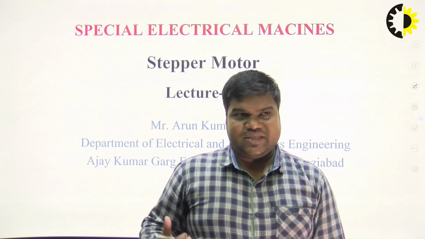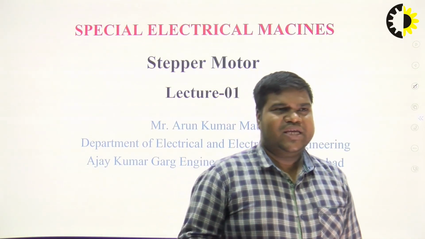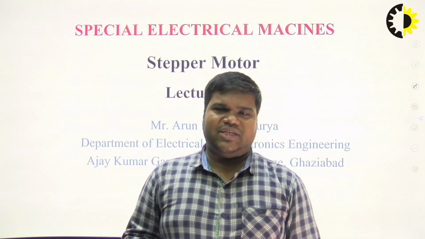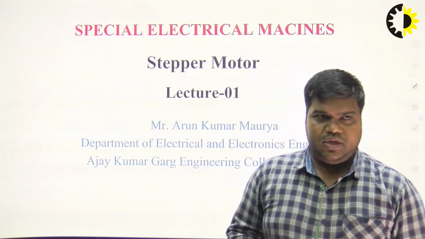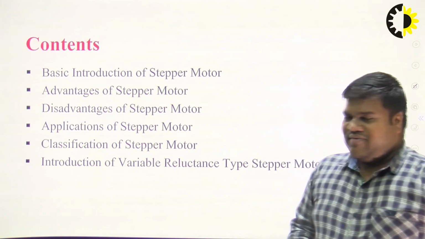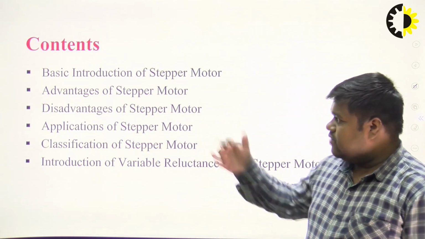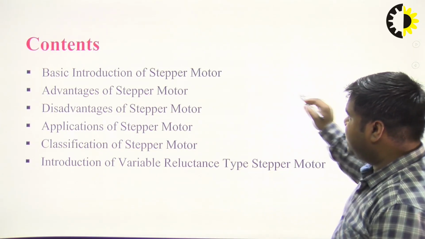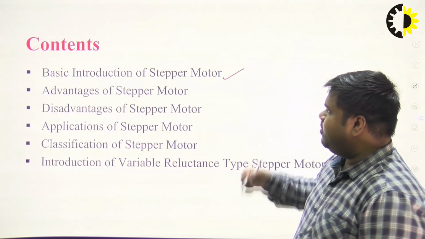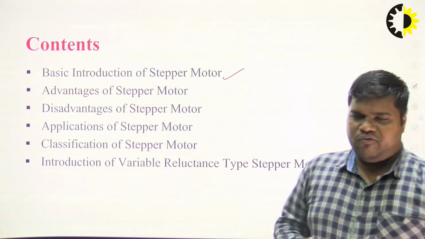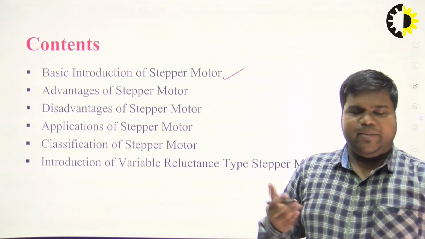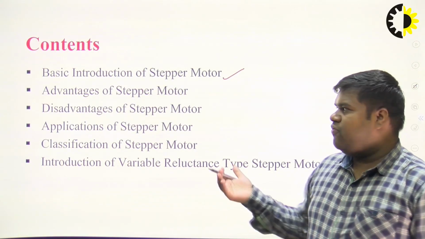So in this subject I will start the very first lecture from the stepper motor. If we see the content, first is the basic introduction of stepper motor: what is the definition, meaning, and type of stepper motor.